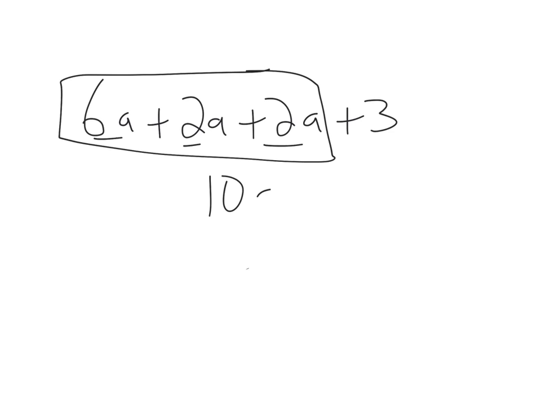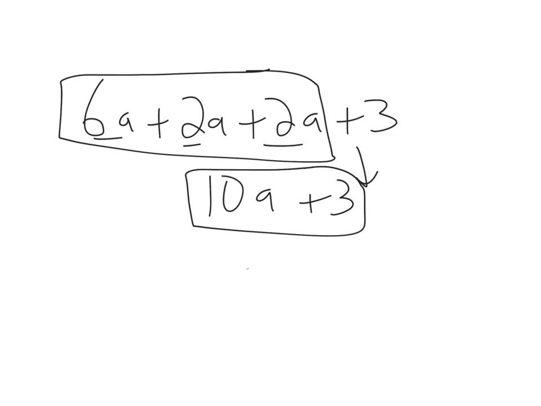So we have 10a, and then we're just going to bring this down. So 10a plus 3, and that would be our final answer, okay? We're not solving anything here. We're just simplifying it, meaning we're just putting it together, okay? Those are not like terms, because the number 3 is different than something attached to a variable, that right there would be our final answer, okay? We do not combine them at that point.